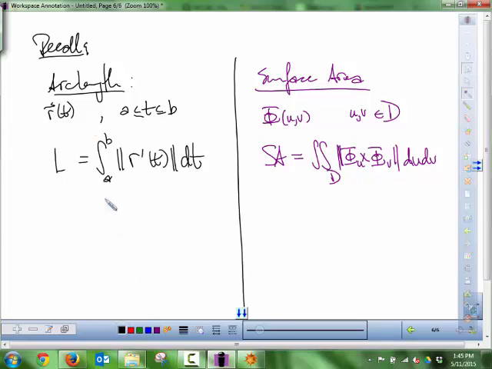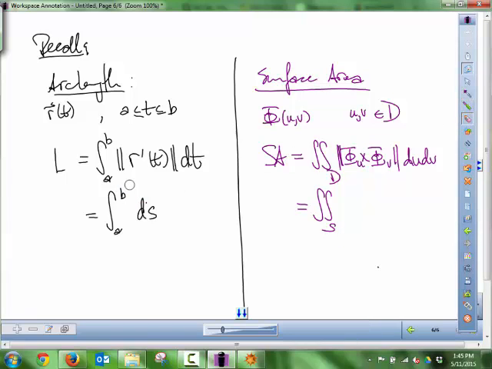Now, do you remember back when we said we're going to parameterize by arc length, and then we decided to call this ds? Well, we can say the same thing here. We can parameterize by the surface. Actually, let me change the notation for the arc length one.